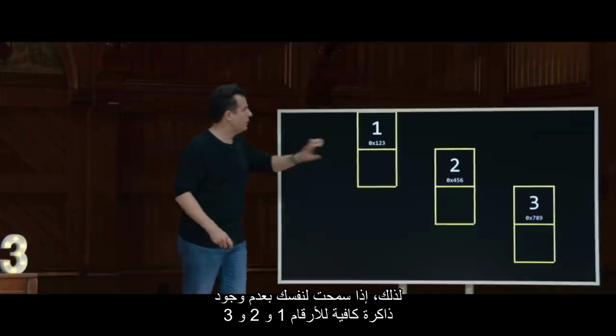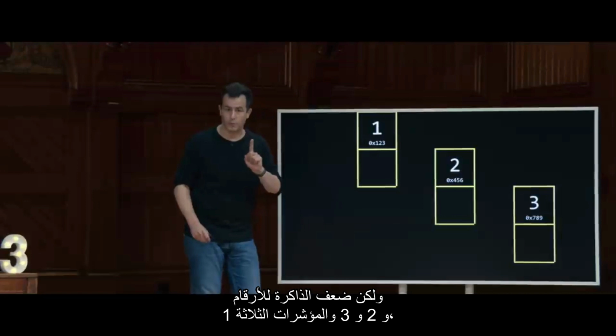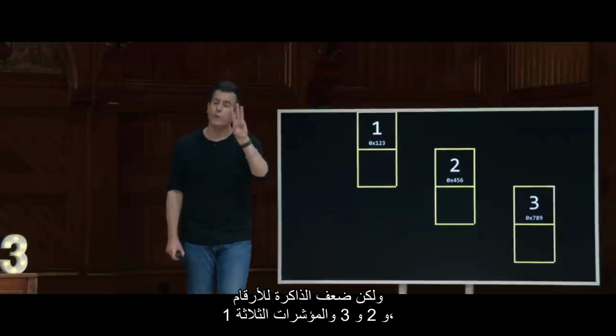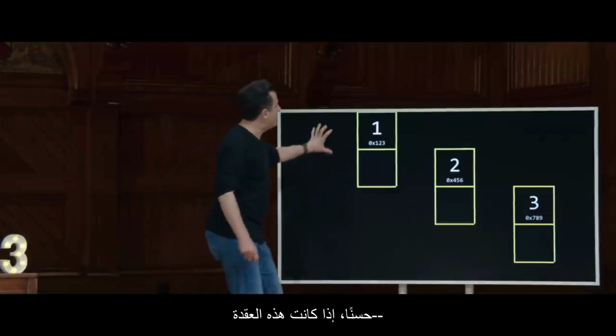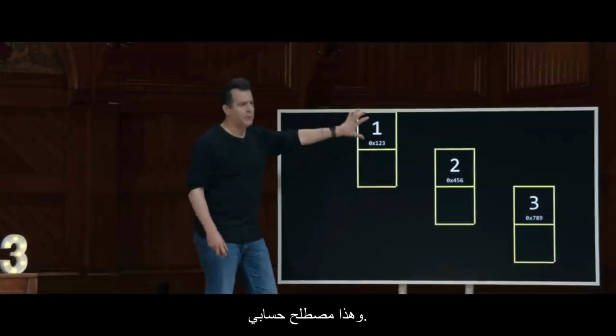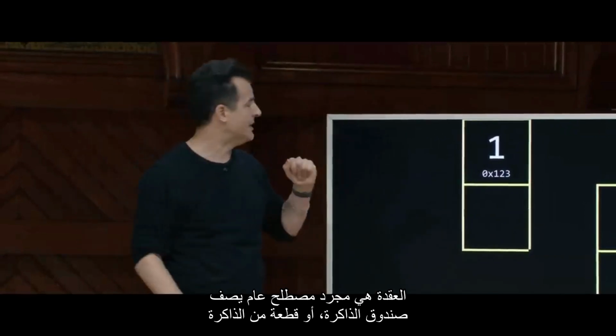So if you allow yourself not enough memory for the numbers 1, 2, and 3, but twice as much memory for the numbers 1, 2, and 3, and 3 pointers, 1 for each, what could we now do? Well, if this node, and this is a computing term, node is just a generic term describing a box of memory, a chunk of memory in this case.